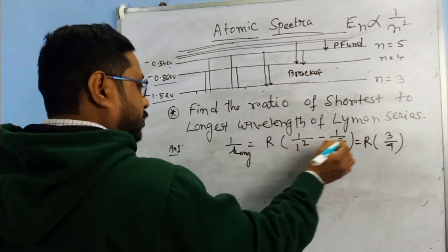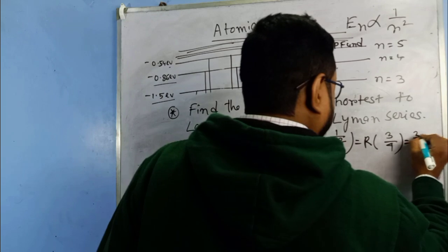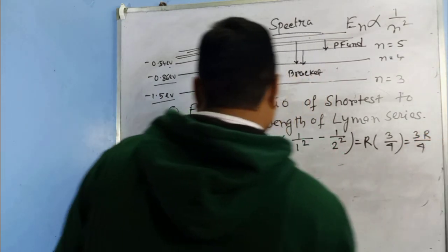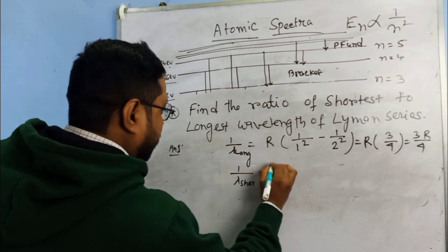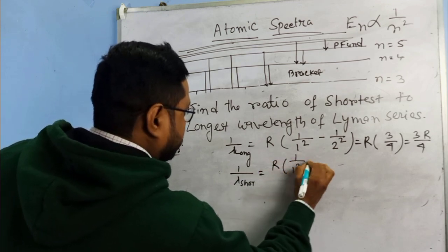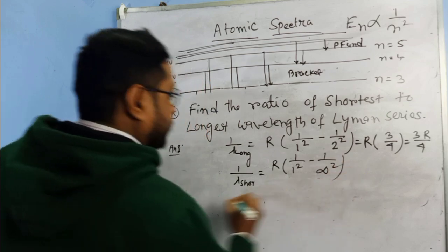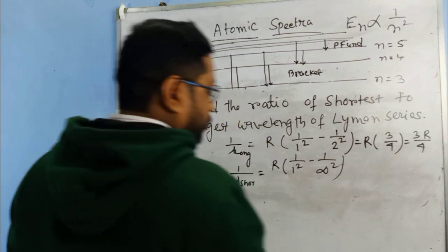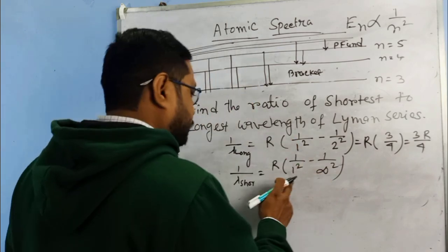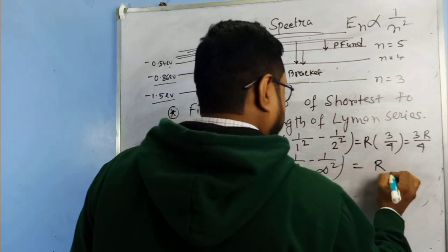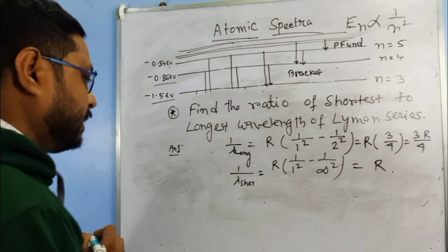So 1 by lambda longest equal to 3R by 4, R is Rydberg constant, and 1 by lambda shortest equal to R into 1 by 1 square minus 1 by infinity square. Okay, when infinity is put in place of ni, it will be the shortest. So obviously it is R.